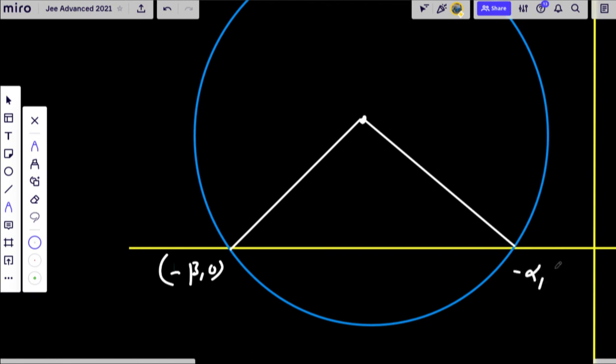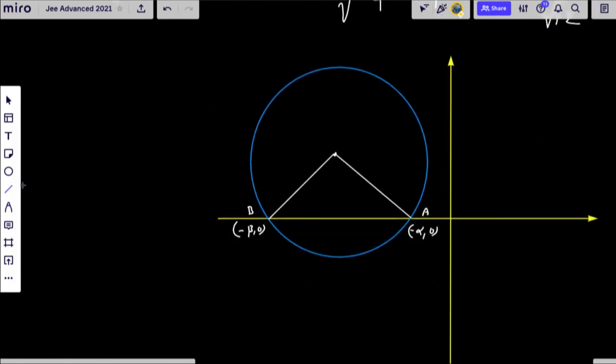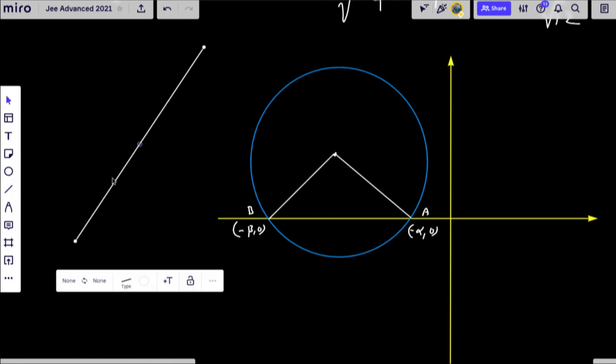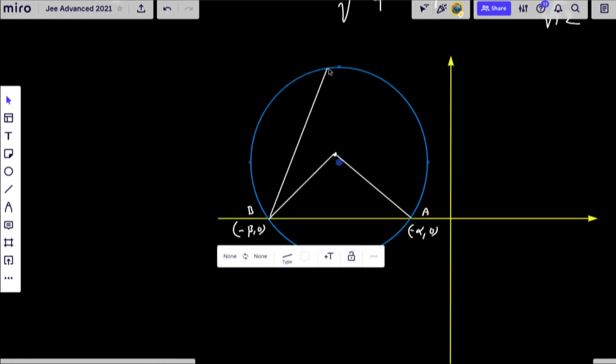So let's say this point is A and this point we call B. Okay, fine. So on joining these two lines, let me draw this line to here at least, and this point is on the periphery of the circle, let's say.